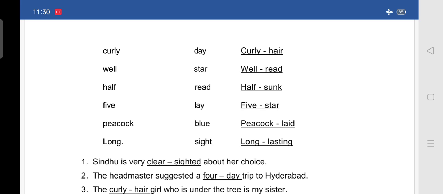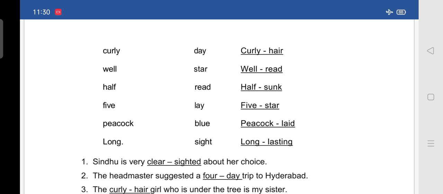Eighth is 5-star. Ninth is peacock laid. 10th is long lasting.